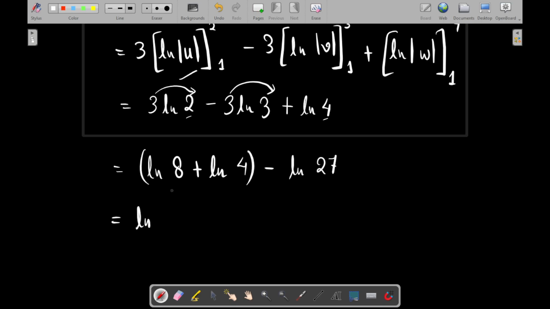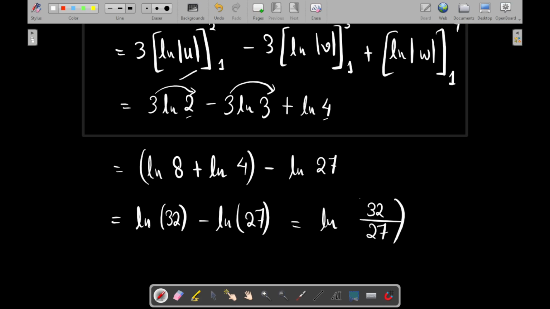Now ln a plus ln b will be ln ab, right? So this will become ln 8 times 4, so ln 32 minus ln 27. This is now ln a minus ln b, so this finally becomes ln of 32 upon 27. Okay, so this is the required final answer.